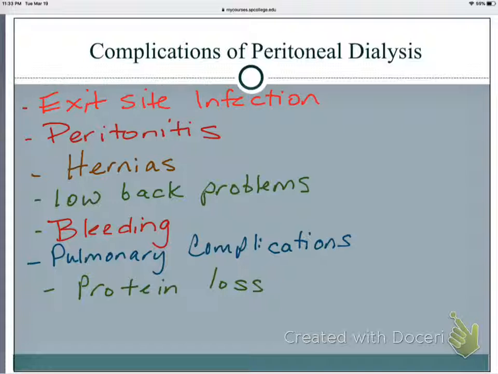And we can lose about 10 to 20 grams a day. If we have peritonitis, this can increase to almost 40 grams a day. So that can be, as the more permeable the membrane becomes, the more protein we can lose. Okay, so and we can do lab levels to see where we're at with the protein levels.